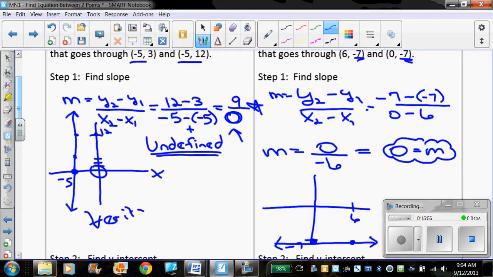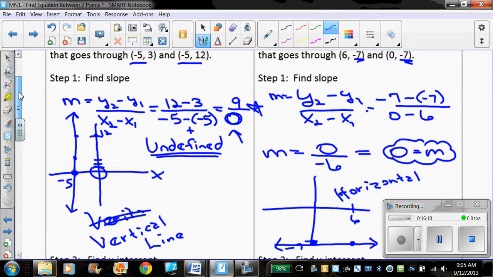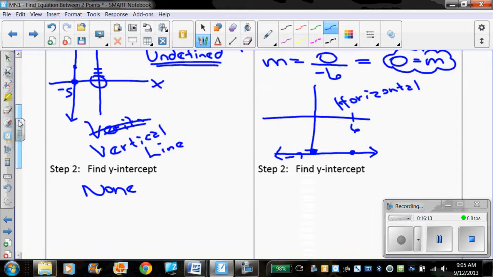This is a vertical line, because it goes up and down. This is a horizontal line, because it goes horizontally.